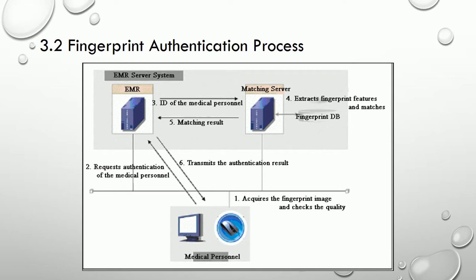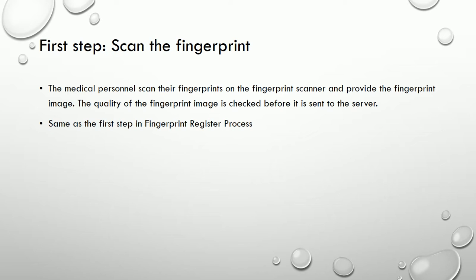This process also has 6 steps. The first step is similar to the register process. It needs the medical personnel to scan their fingerprint on the fingerprint sensor, and then it can provide the fingerprint image.